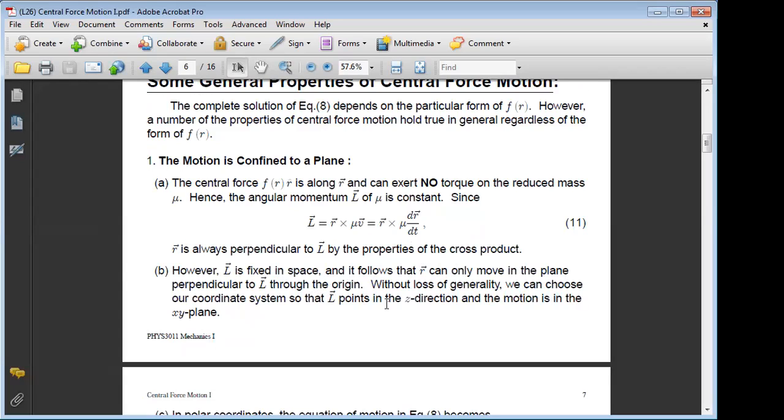So without loss of generality, we can always choose our coordinates in such a way that L points in the z direction, and the motion of the reduced mass particle is confined to the xy plane.